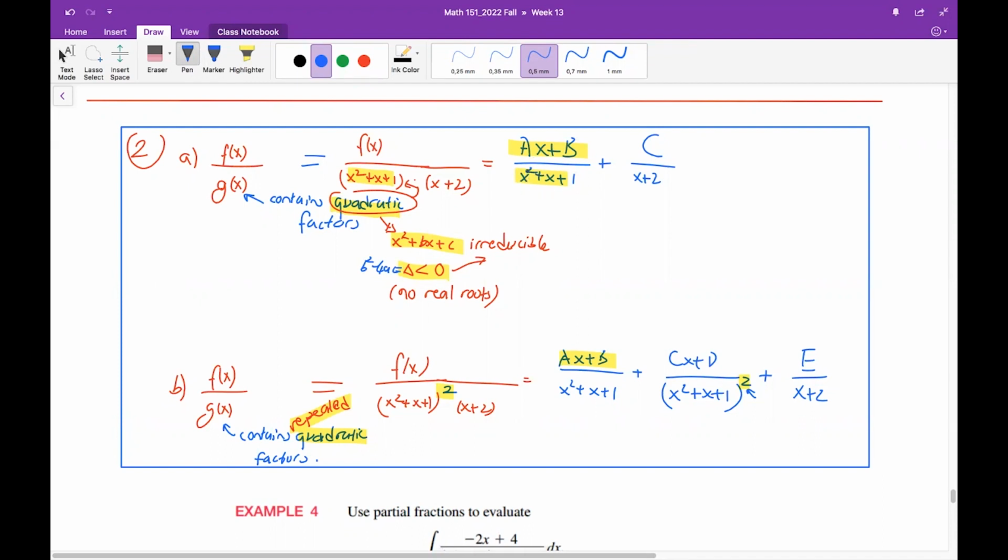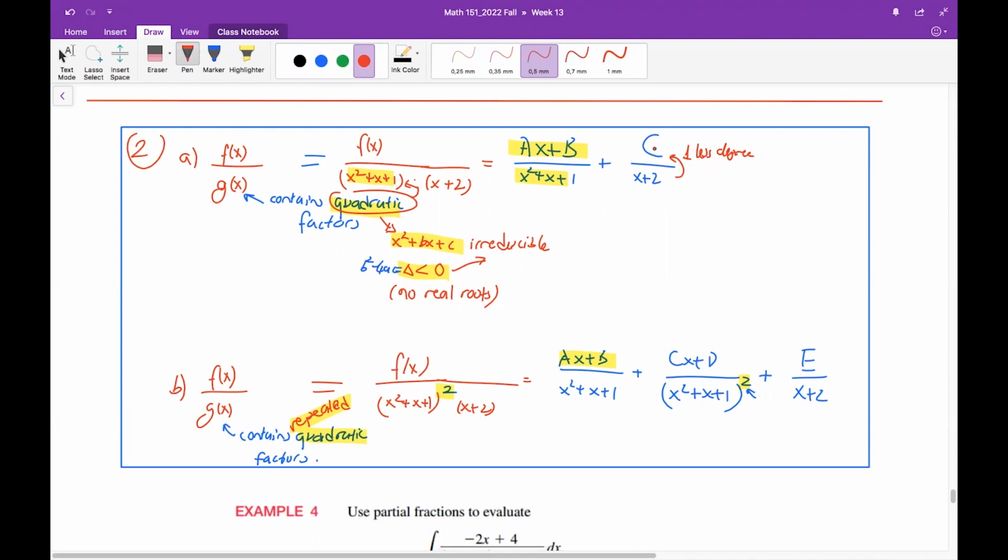And for quadratic factors, you write not just a constant A, but the form ax plus b in the numerator. So you can make sense of it like this: you always write one degree less than the denominator when applying the partial fractions technique. For x plus 2, the other factor is linear, of degree 1, so you write one less degree.